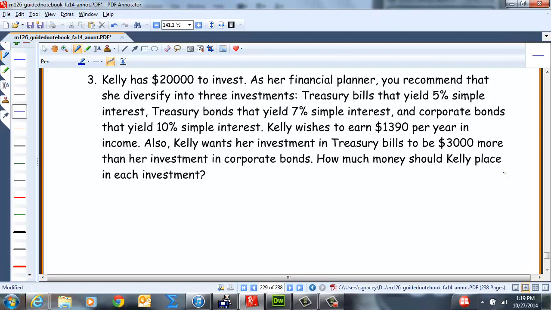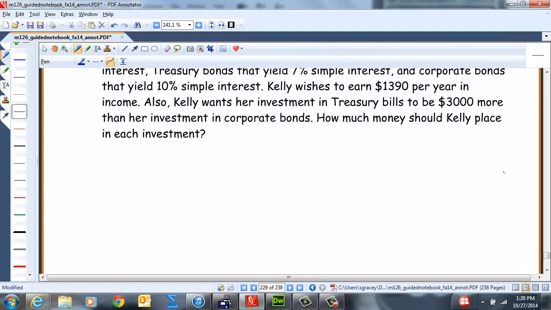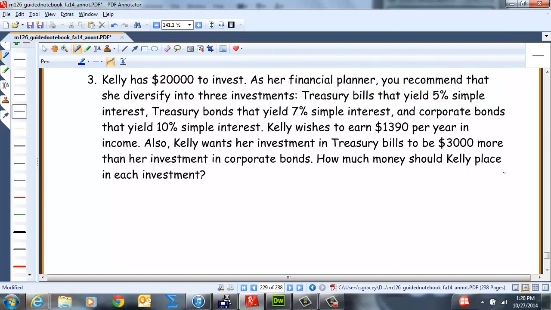So Treasury bills, I'll just call them T-bills, that yield 5% interest, T-bonds that yield 7% simple interest, and corporate bonds that yield 10% simple interest. Kelly wishes to earn $1,390 per year in income. Also, Kelly wants her investment in Treasury bills to be $3,000 more than her investment in corporate bonds. So how much money should Kelly place in each investment?